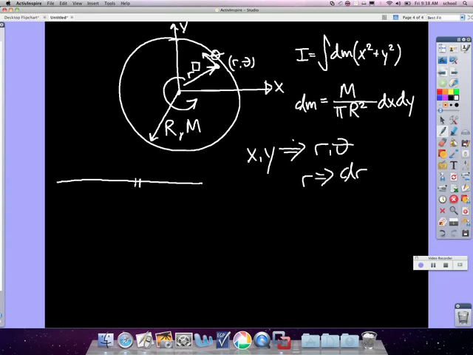And so, mathematically, the length of this d theta element in terms of meters is going to be r d theta. Does that make sense?